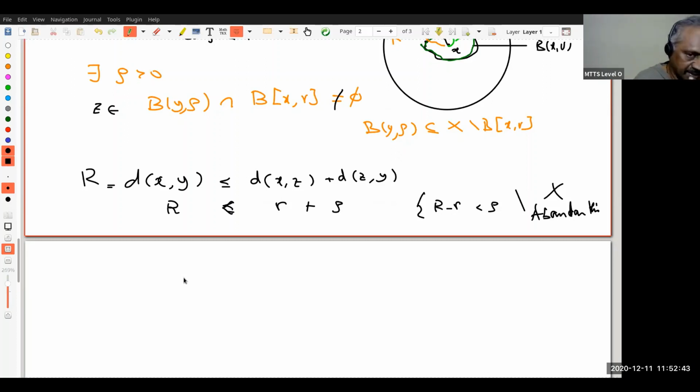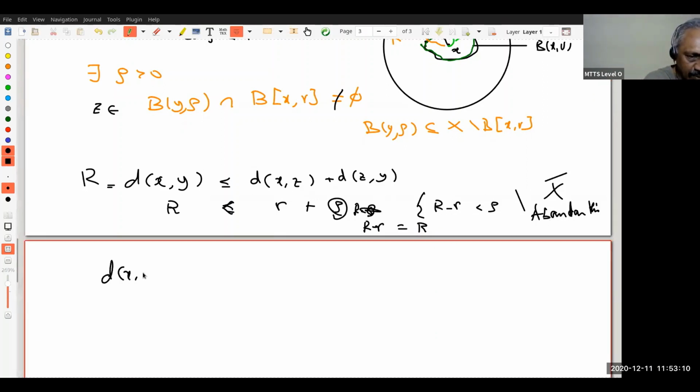Suppose ρ is R minus r, which is equal to this. Yes, this works, so let me do that.